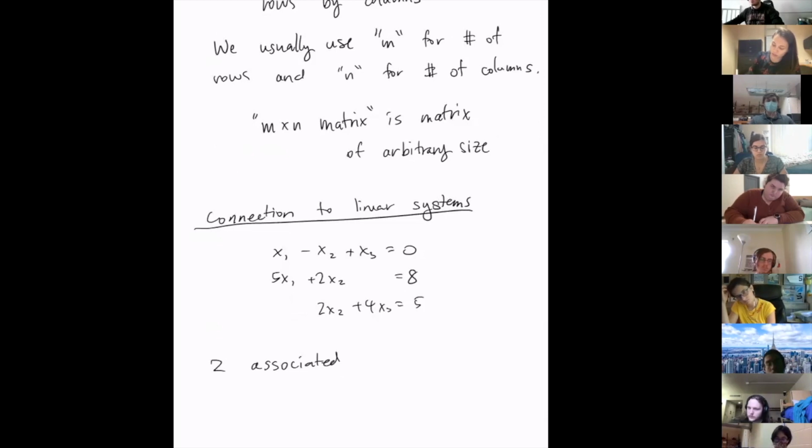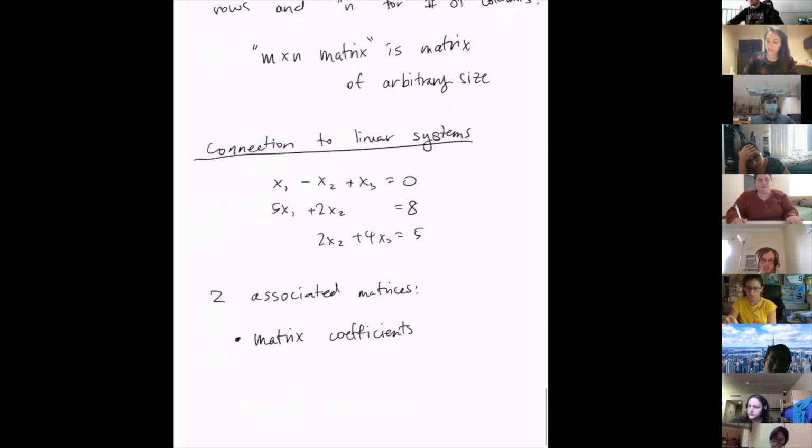So the first one is the matrix of coefficients. We just take all of the coefficients and we stick them into a matrix. Starting with the first variable in the first equation, we would put a 1 there. Then the coefficient for the second variable in the first equation is -1.